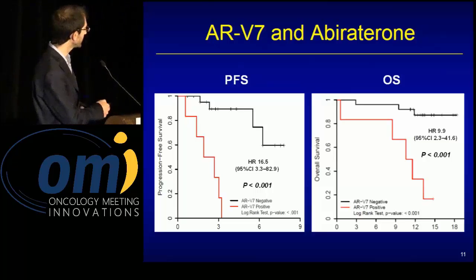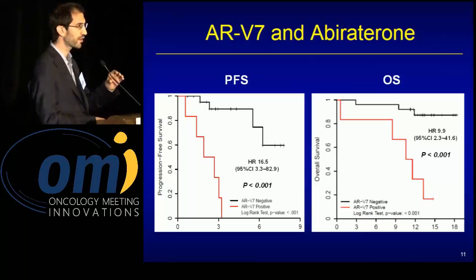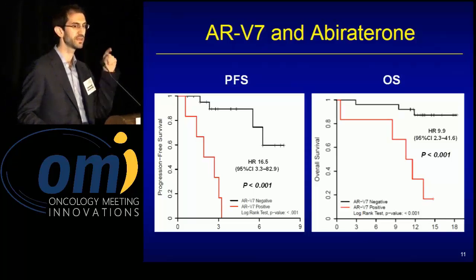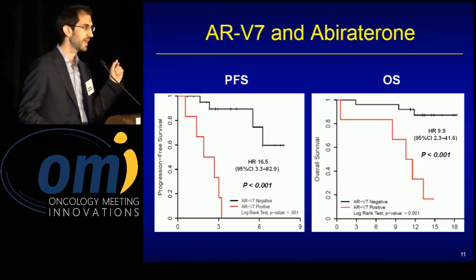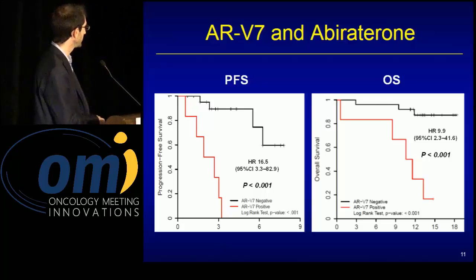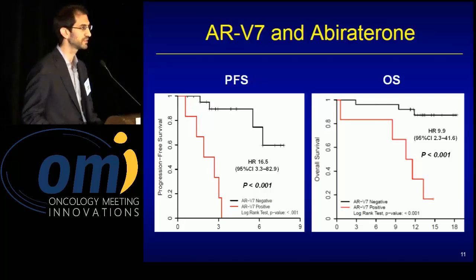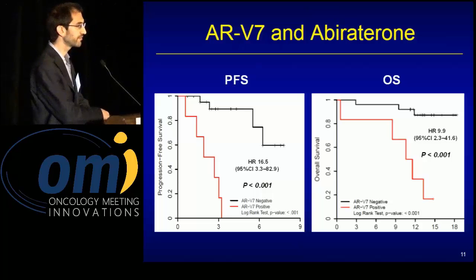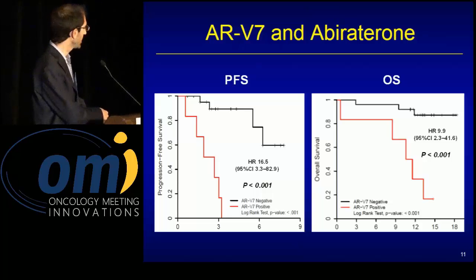Now, the interesting thing about these Kaplan-Meier curves is, as you remember, most of these patients were receiving abiraterone for the first time. They had not received enzalutamide. And yet, the AR-V7 positive patients, most of which had not received a taxane or enzalutamide, in the presence of AR-V7 also had a very, very rapid progression, median of 3 months.